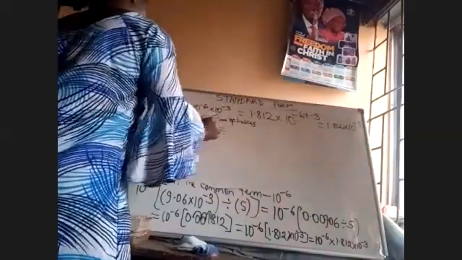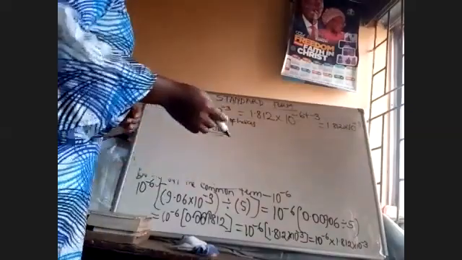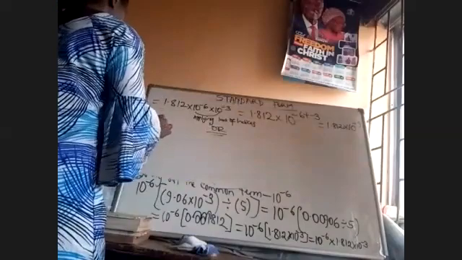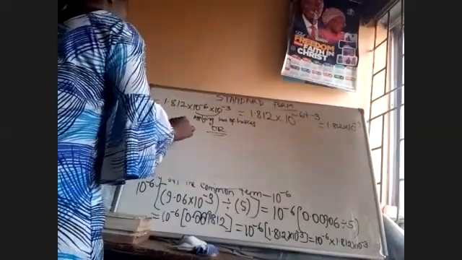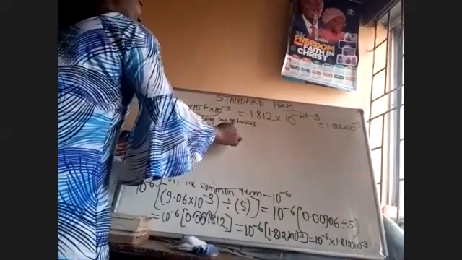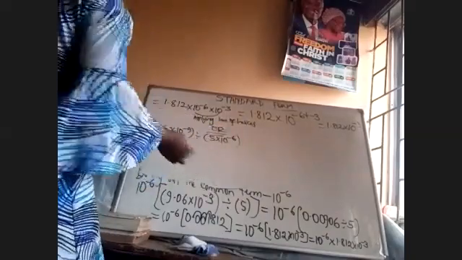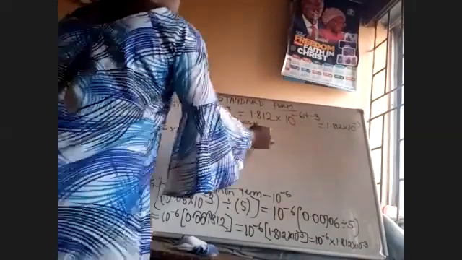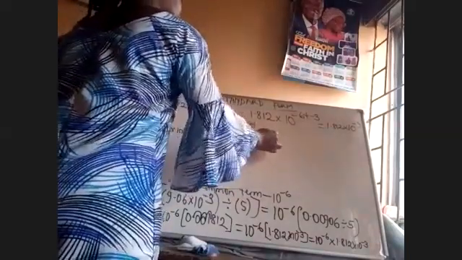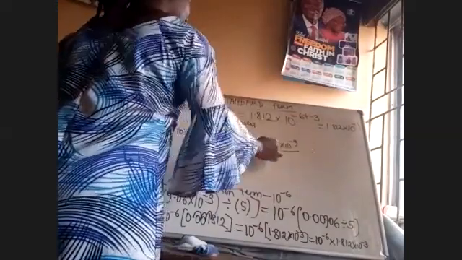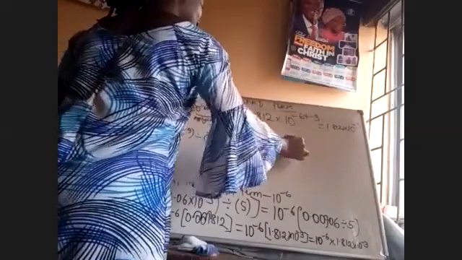Or the other way we can go about this question, which is 9.06 times 10 raised to power minus 9 divided by 5 times 10 raised to power minus 6, is writing it out this way. We have 9.06 times 10 raised to power minus 9 over 5 times 10 raised to power minus 6.